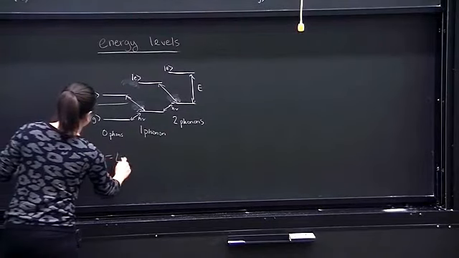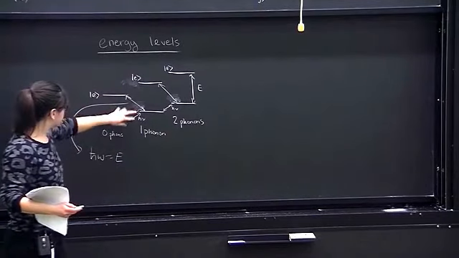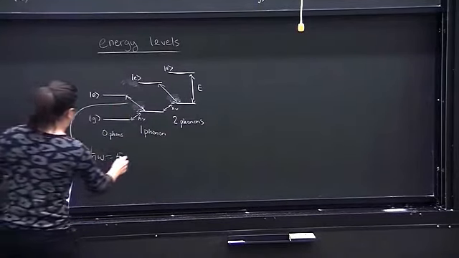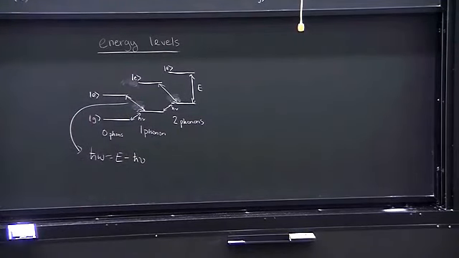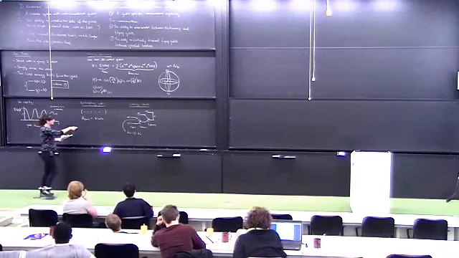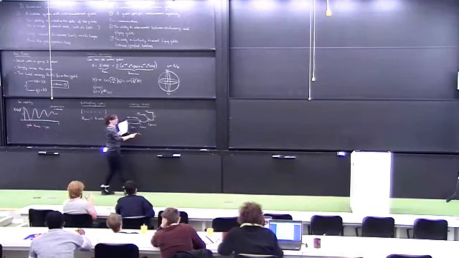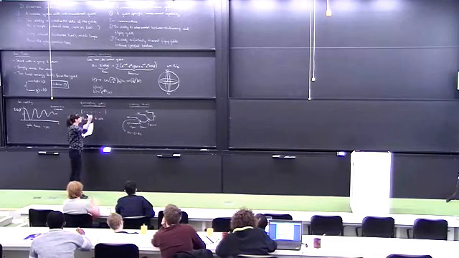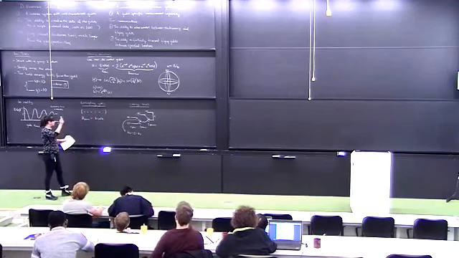That energy is going to be E minus h bar nu. So what happens when we shine a laser of frequency omega? It's going to couple these and these and these, and essentially couple all of the ground and excited states in this.